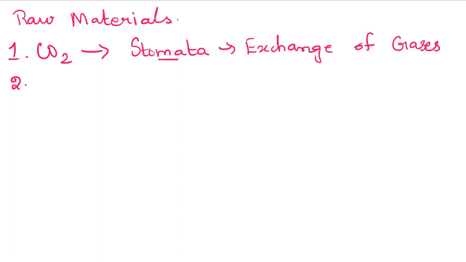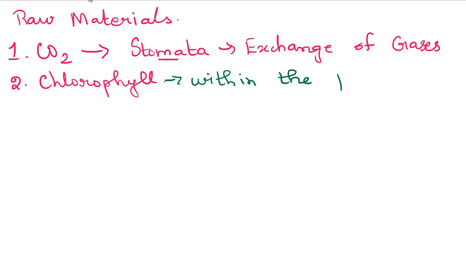The second important raw material is chlorophyll. Chlorophyll is a green colored pigment that is seen within the leaf itself, and it has two important roles to play.